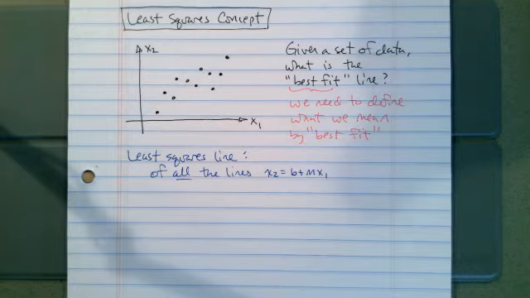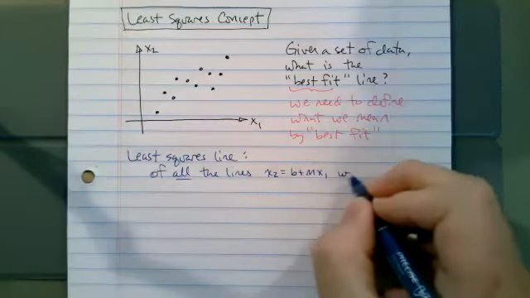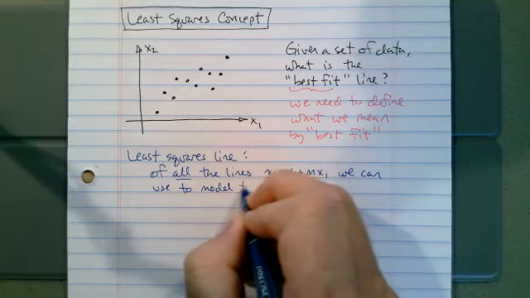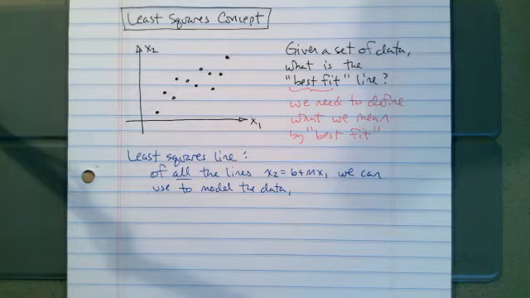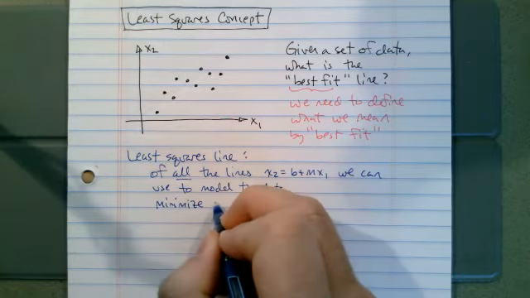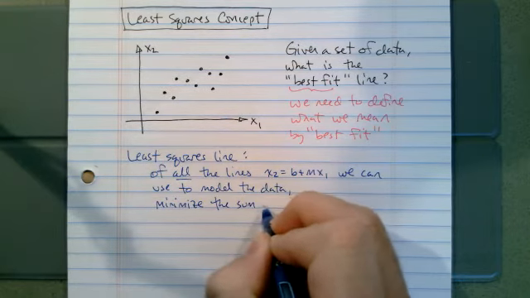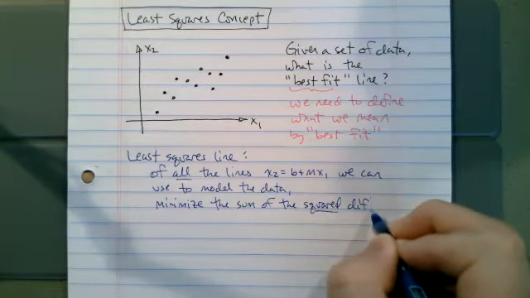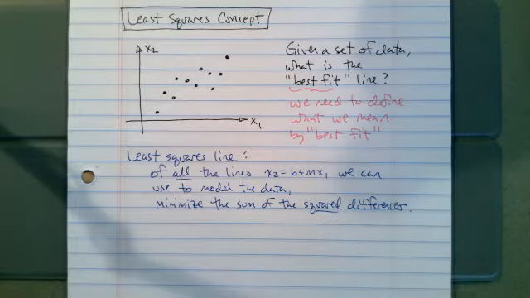Of all the lines we can use to model this data, we want the sum of the squared differences between the line and the actual data to be minimum. We want to minimize the sum of the squared differences.